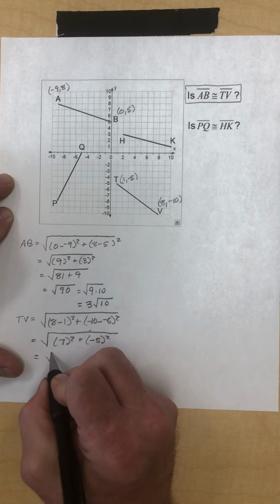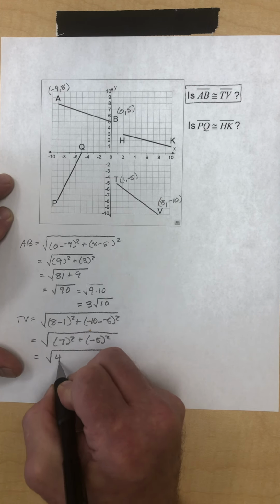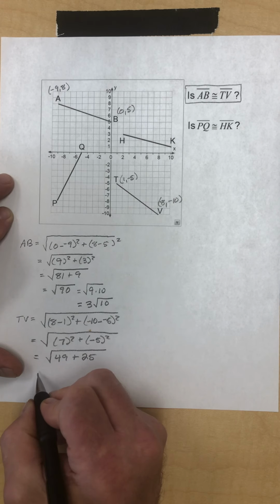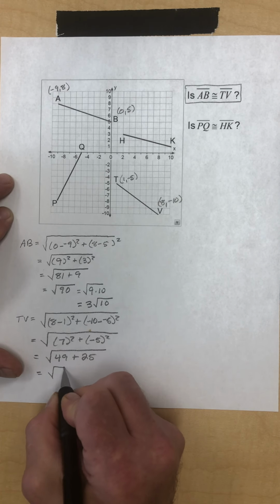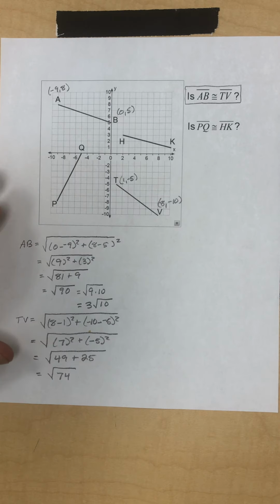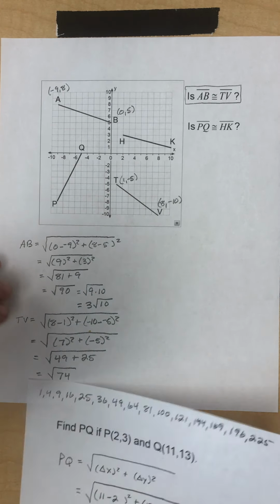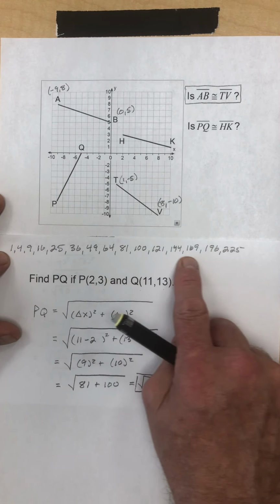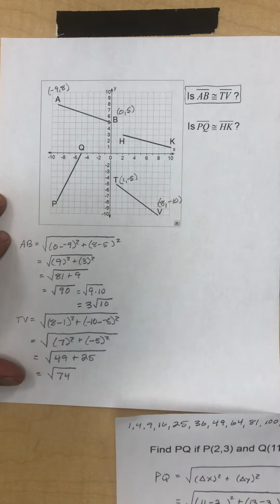So I'm going to get the square root of 49 plus 25. That is the square root of 74. Okay, so I go back to these guys. Are there any factors here that are factors of 74?